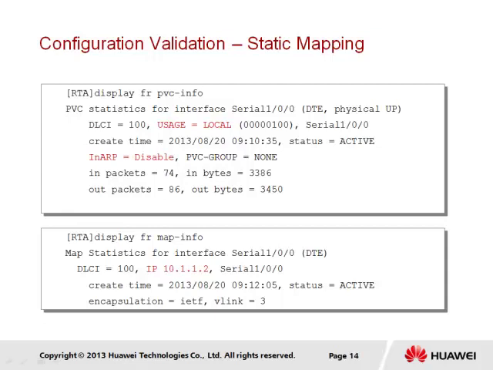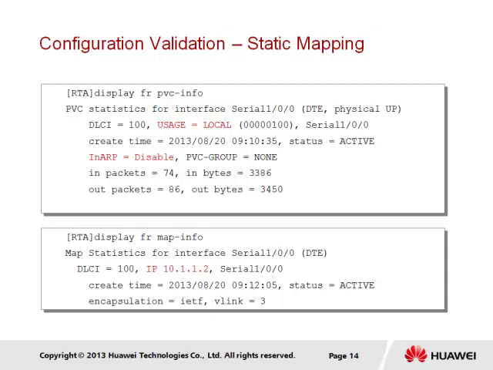For the end-to-end connection, we find that again the DLCI and bound IP address are listed. However, it is no longer associated with the inverse ARP since it was statically mapped. The general result, however, means that 10.1.1.2 can be reached. Since we did not include the broadcast parameter in this instance, we find that it is no longer listed in the display output for the frame relay map info, and so routes learned by RTA will not be carried to the remote device.